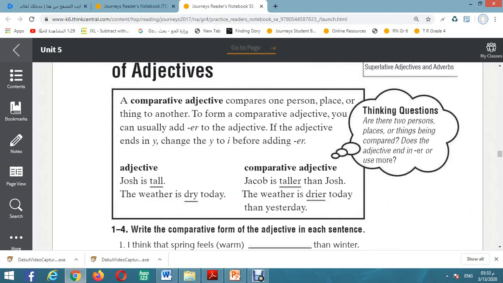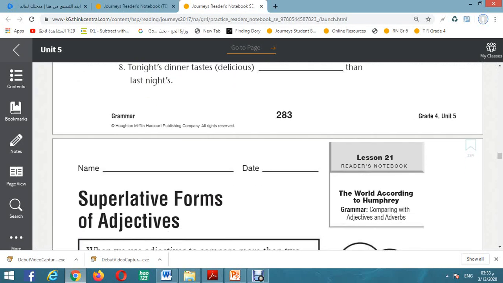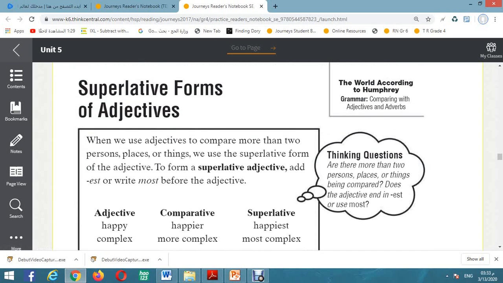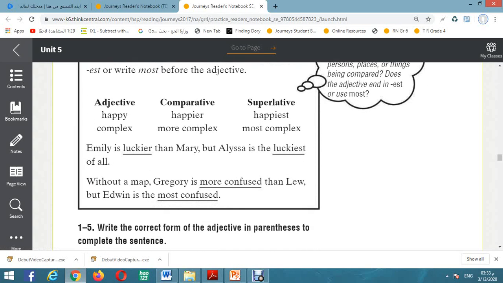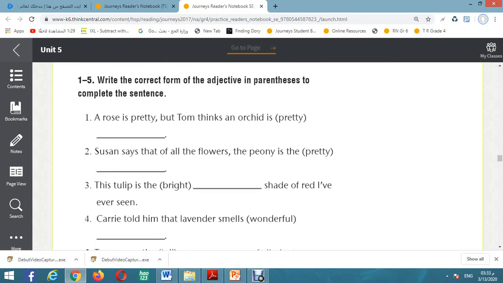Okay, understood, guys? Now let's move to page 284. 284 is also about superlatives. For the superlative, we add est to the short adjective, or the most plus a long adjective. Let's answer number 1.